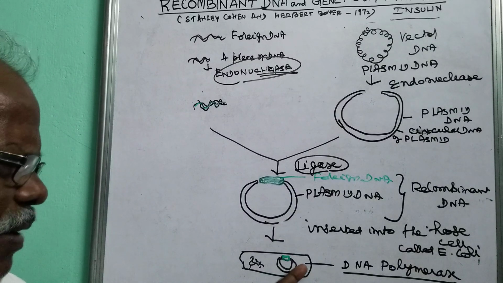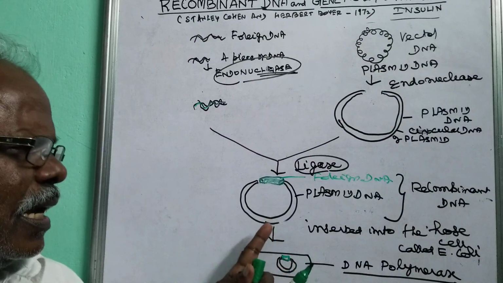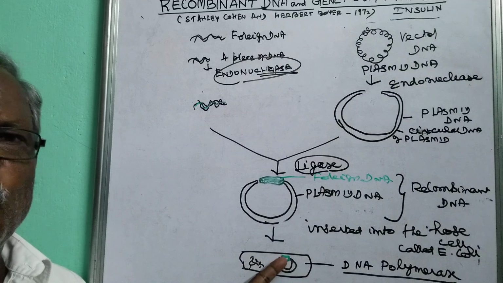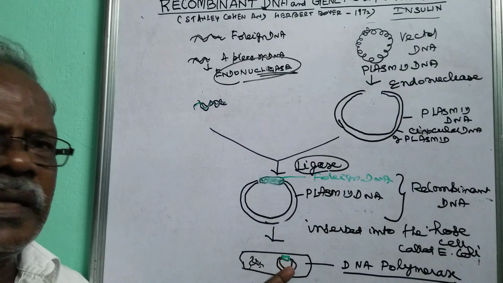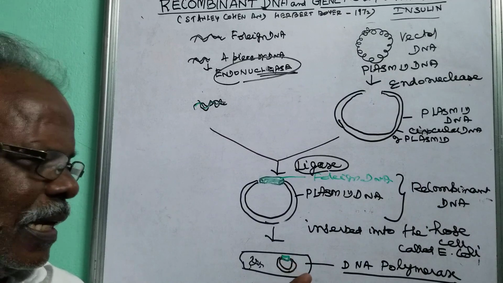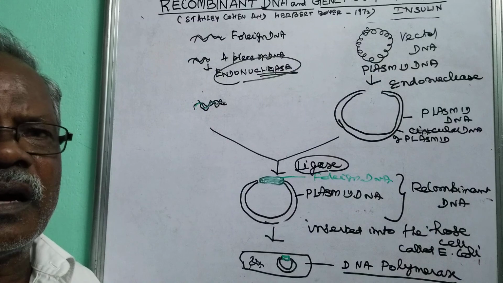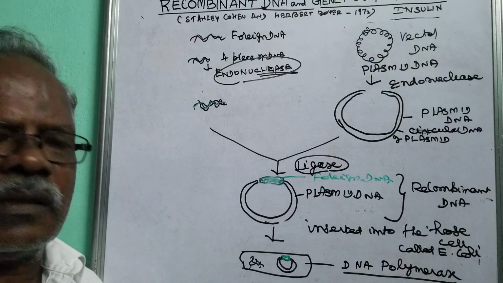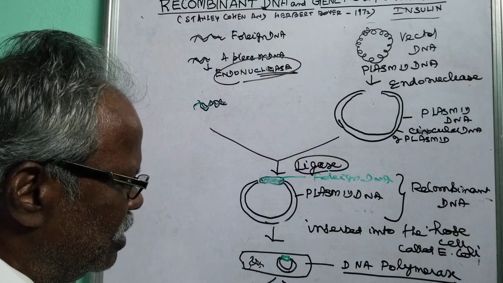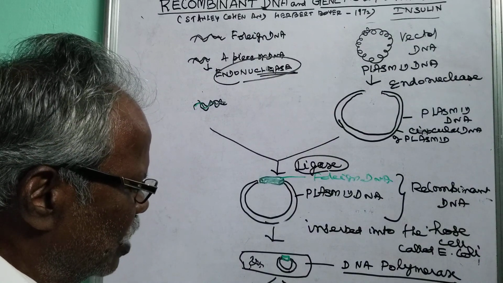So when we introduce the foreign DNA into the host cell, with the help of DNA polymerase available in the Escherichia coli or bacterium, it multiplies or it clones. A single cell is divided into 2, that is called cloning or multiplication.